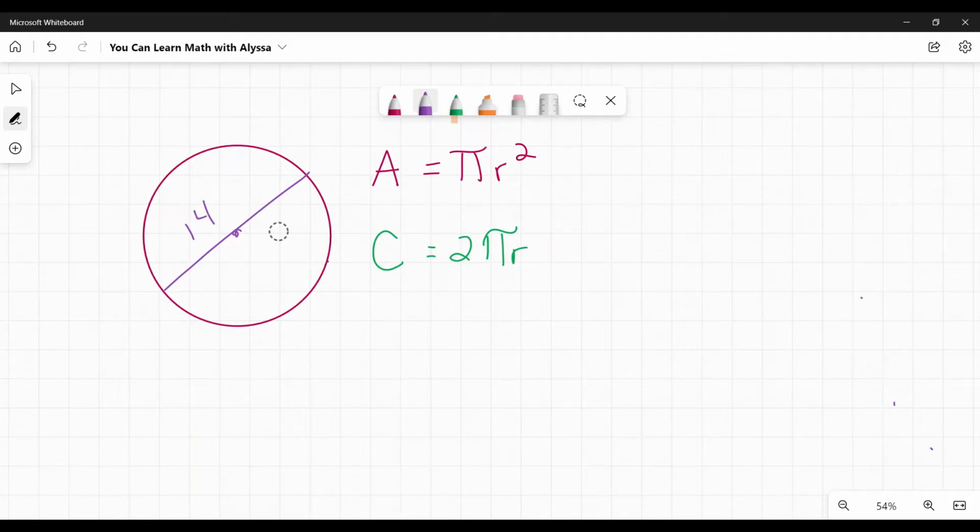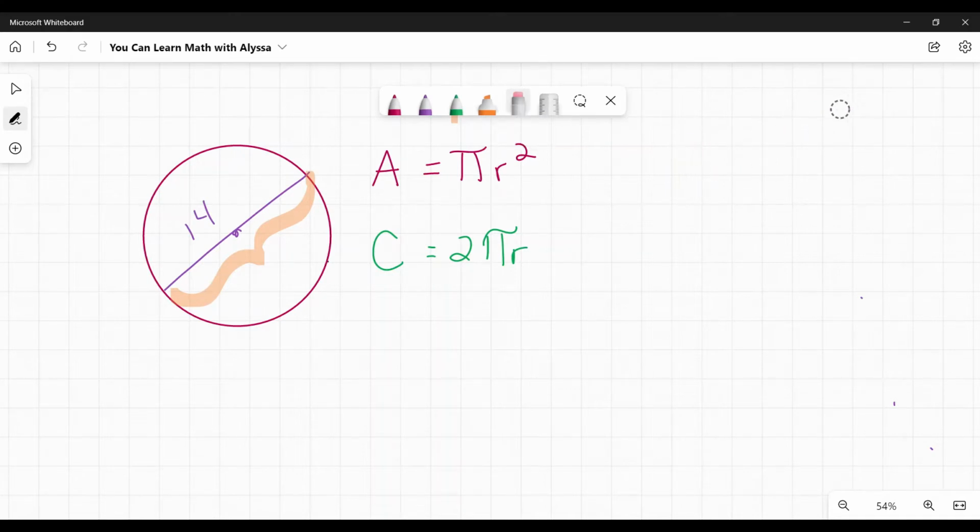And if you're on a roll and you're putting in these radii, popping them into these area and circumference formulas, and you look at this, you might go, oh, okay, area is pi times 14 squared. You just got it wrong. Why? Because they didn't give you the radius. They gave you the diameter. That's 2 radii together. So each radius there would be 7.